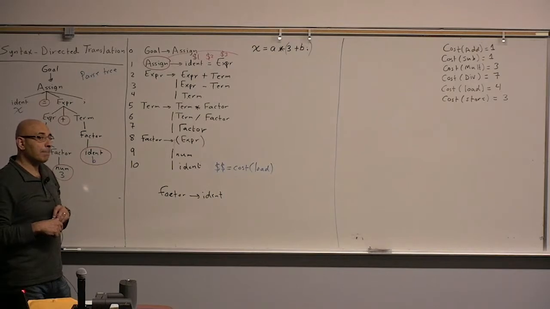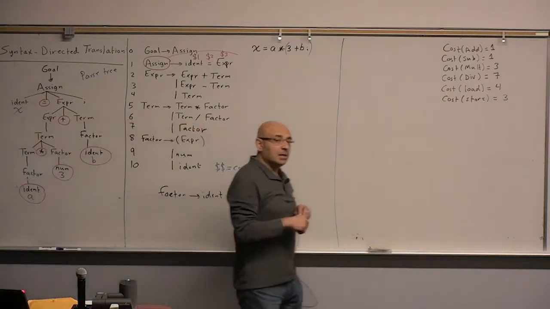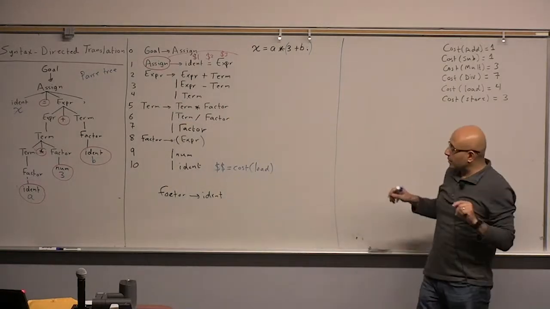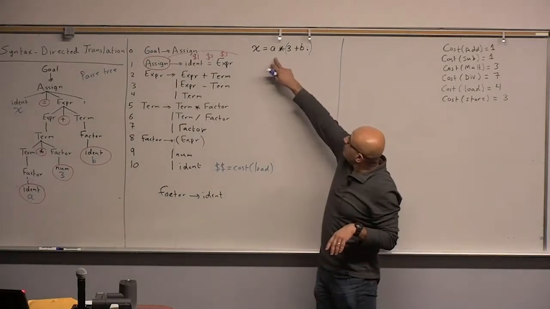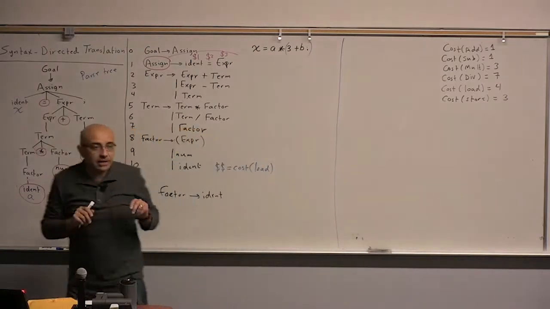Well, if it's already loaded, well. Yeah. The problem is, what if you have to do a store? No, well, store is a different story. But the question is, not every identifier that appears in an expression will get loaded from memory.